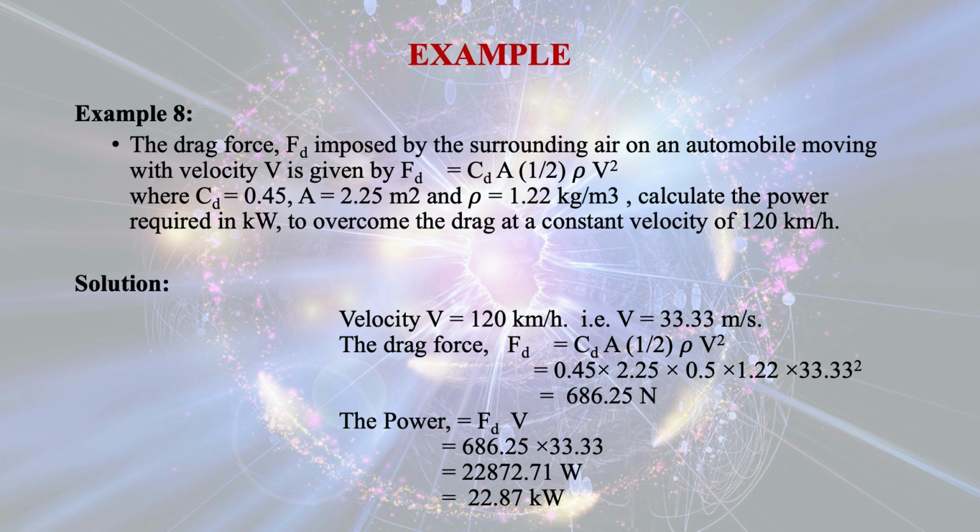Force is drag force, you have already calculated 686.25 Newton, and velocity is given 33.33 meter per second. Just multiply it and final result you will get 22872.71 watt. But if you want to convert to kilowatt, you have to divide by 1000 and the final result will be 22.87 kilowatt.